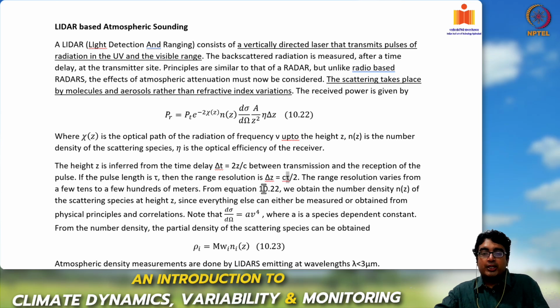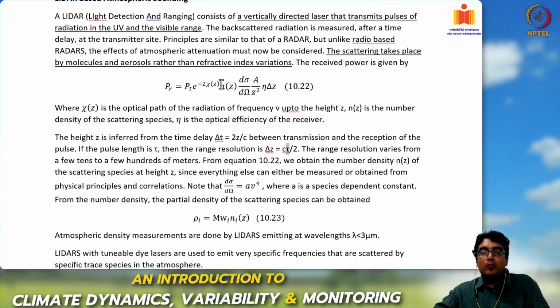So now from equation 10.22 we can obtain the number density Nz of the scattering species at height z, since everything else can either be measured like PR, optical density, etc., or obtained from physical principles and correlations. Okay. We also note that d sigma d omega as before is a mu to the power 4, where a is a species dependent constant that is separately evaluated.